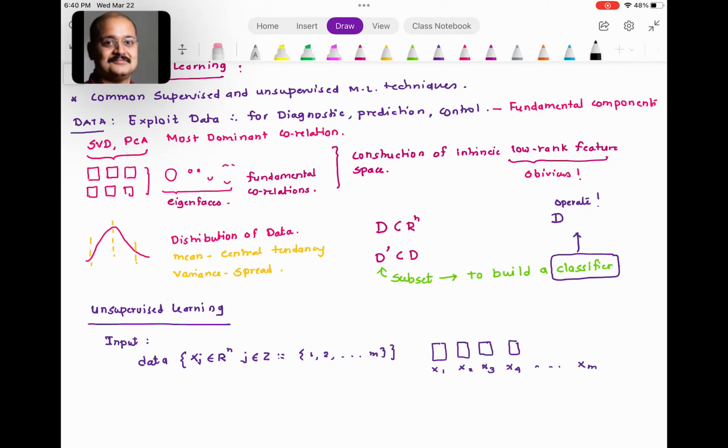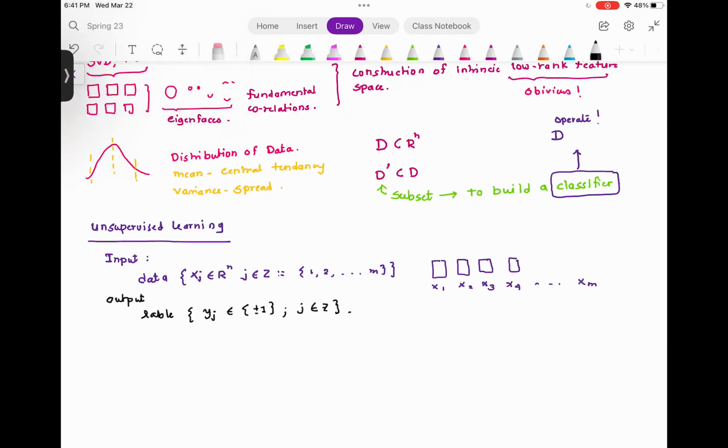And then you have outputs, and what you want to do is produce labels, where the labels are given as y_j, and they could be either plus or minus, wherein j belongs to C. So this is exactly the mathematical framework for unsupervised learning.